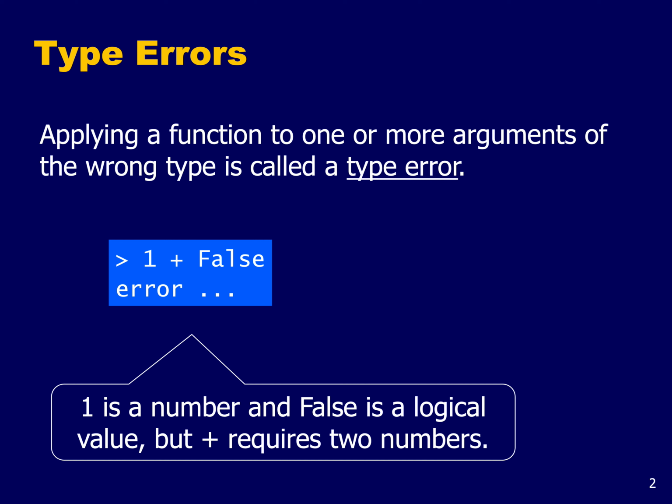What I've done is started up GHCi, and I've got the little greater than prompt, and I've tried to enter an expression, and it's given me a type error. So what's gone wrong here is that I've tried to add things which you cannot add. In particular, 1 is a number and False is a logical value, but when you try and add them together, you require 2 numbers. So we're going to get a type error.